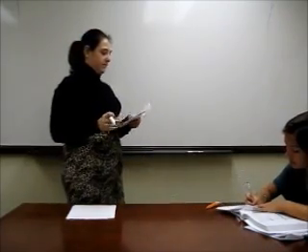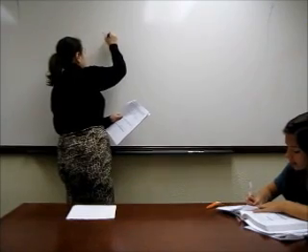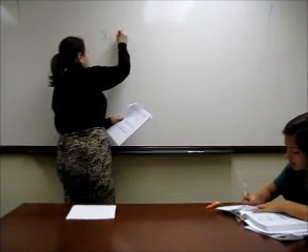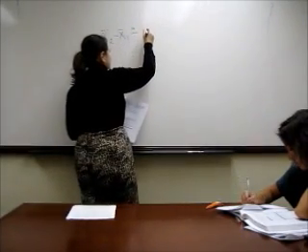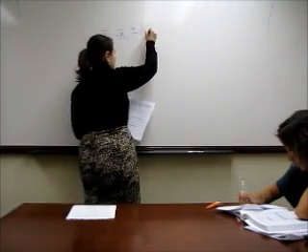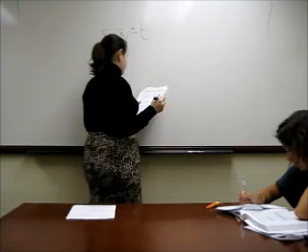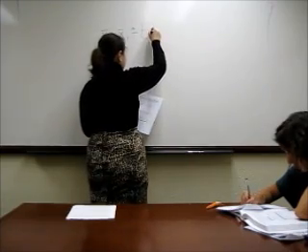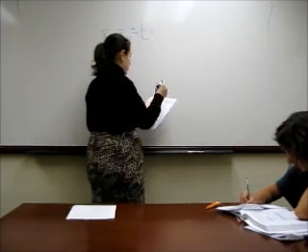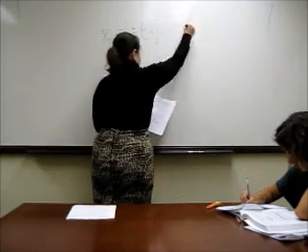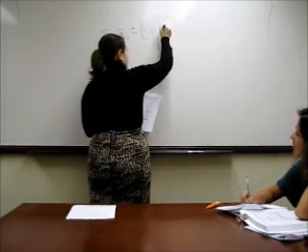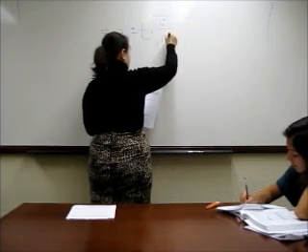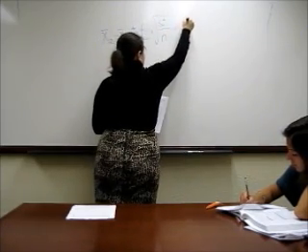X bar 2 minus X bar 1, plus or minus t star, times the square root of s1 squared over n1, plus s2 squared over n2.